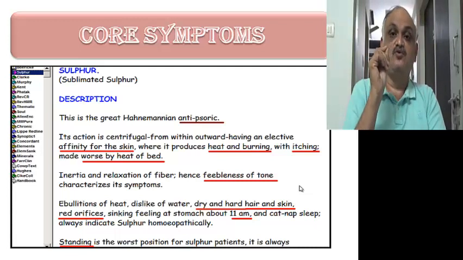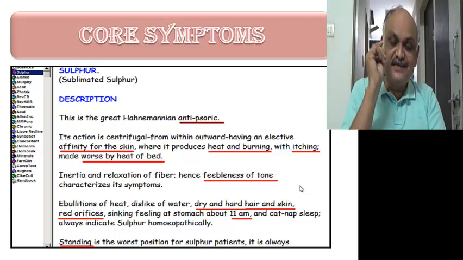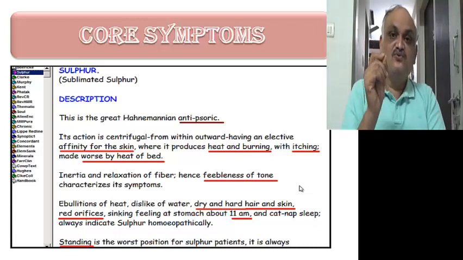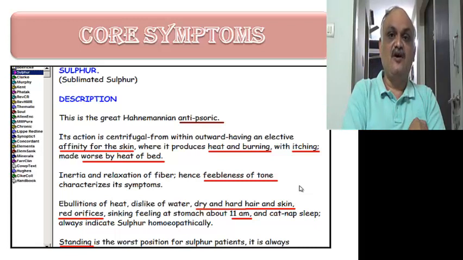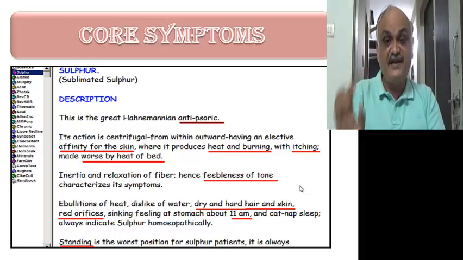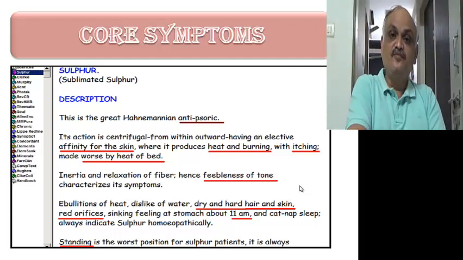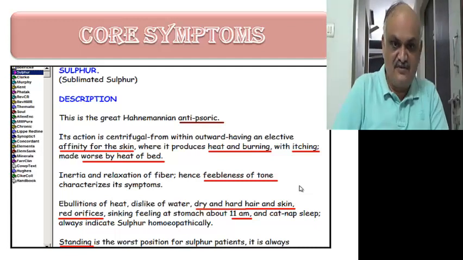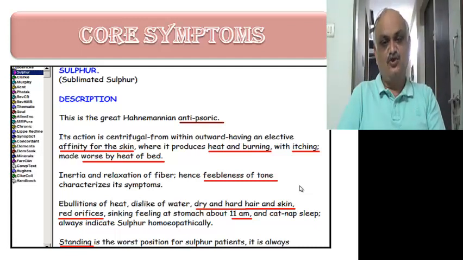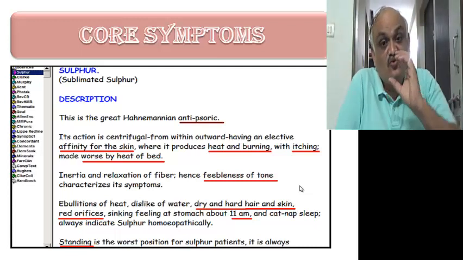As we are doing a rubric exercise and case exercise, you have to do the exercise of these things. Of each medicine, only 5 sentences, which are so core to that remedy. You have to write them down, prepare the notes, and it is going to help you when you are selecting the medicine. Otherwise, Sulfur has more than 2000 symptoms. So you have to know something very, very core of that remedy.